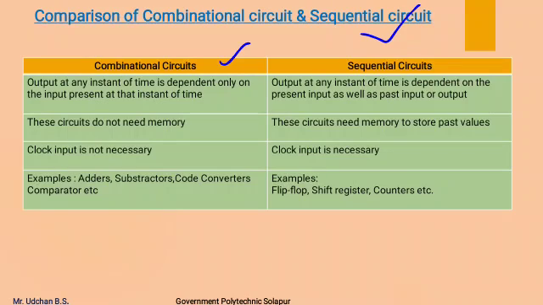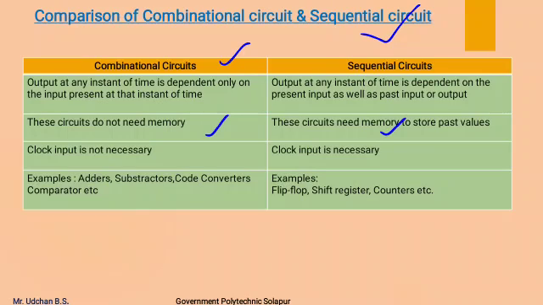As the output is dependent only on present input, the combinational circuits do not need any memory, whereas to store the previous input or output values, the sequential circuit requires memory element.